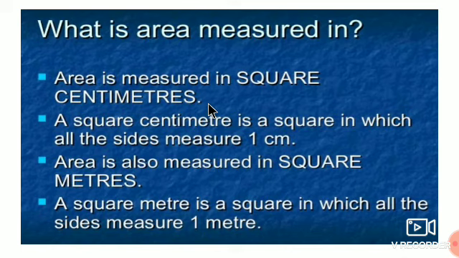Whatever unit is given in the example, that we have to write with the answer. A square centimeter is the square in which all the sides measure 1 centimeter, and if area is measured in square meters, a square meter is a square in which all the sides measure 1 meter.